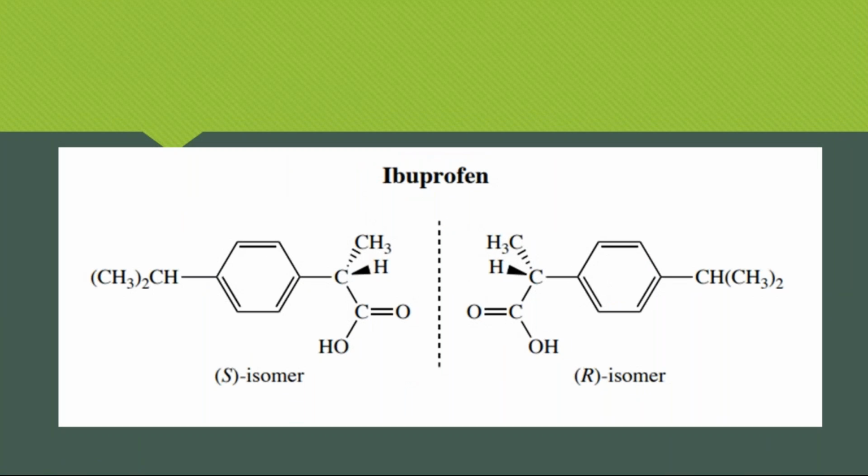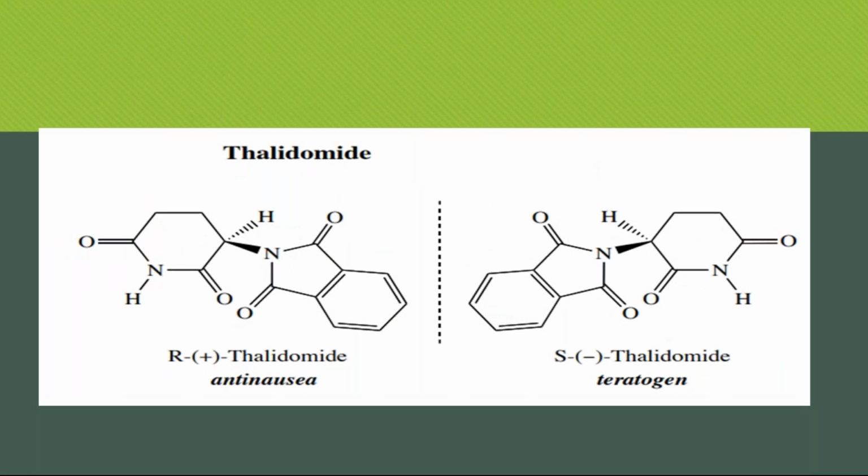The drug example is ibuprofen. For ibuprofen we have the S isomer and the R isomer. Similarly, we have thalidomide, plus thalidomide and minus thalidomide, which have different activity. You can see thalidomide plus can be used for anti-nausea, and minus thalidomide is a teratogen.